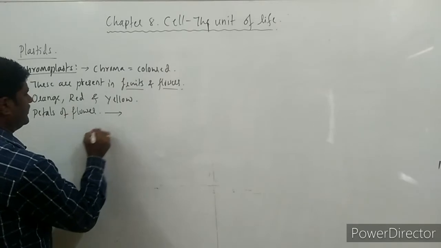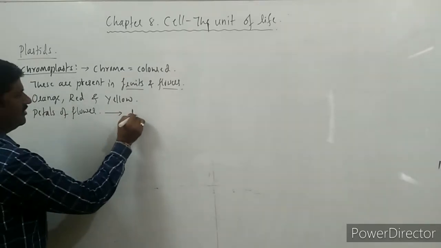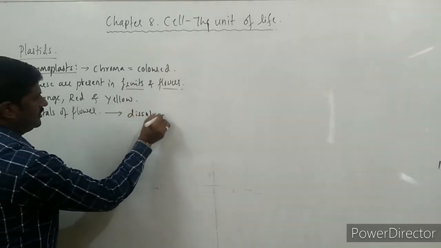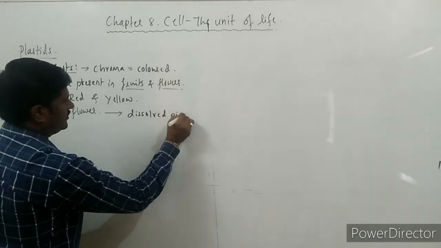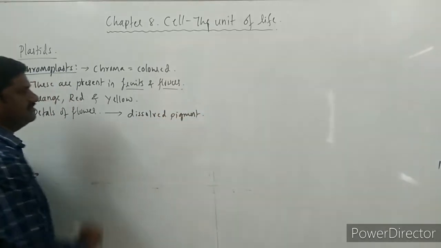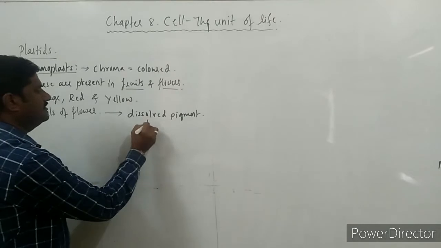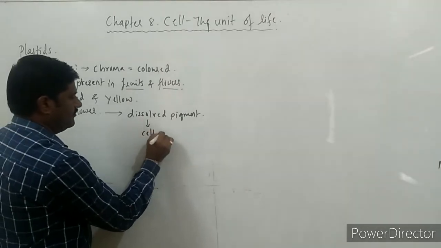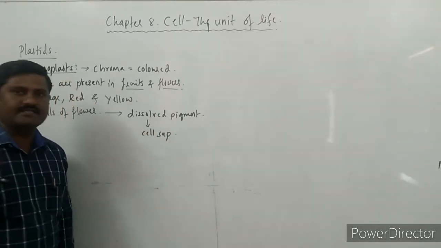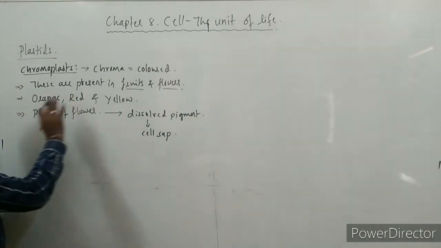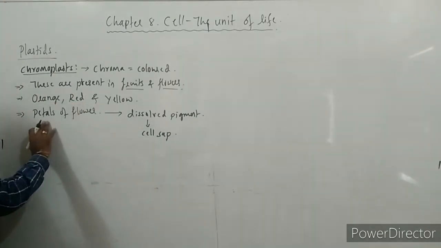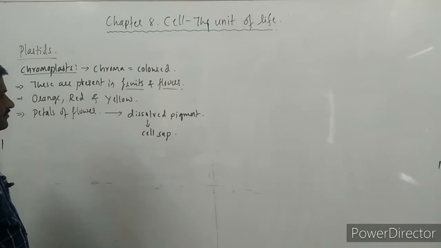In petals, what happens? There is a dissolved pigment present in the cell sap, and hence they give one particular color to the petals of the flower, right?